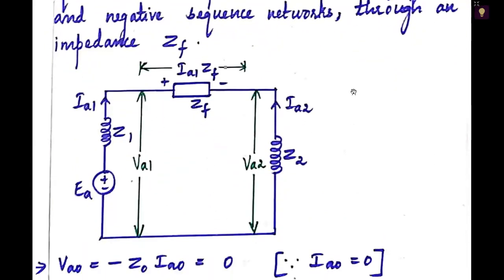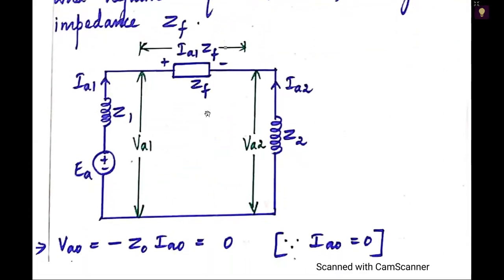So we include the impedance ZF between the two networks: the parallel connection of the positive network and the negative sequence network through the fault impedance ZF. After drawing the combined sequence network, we have to find the expressions for IA1, IA2, VA1, VA2.